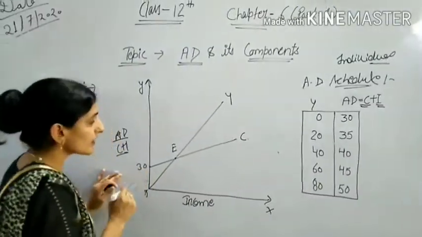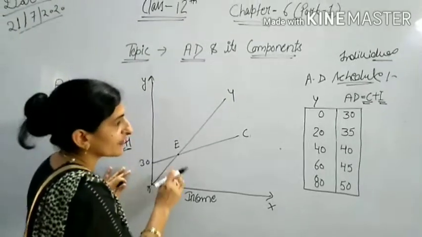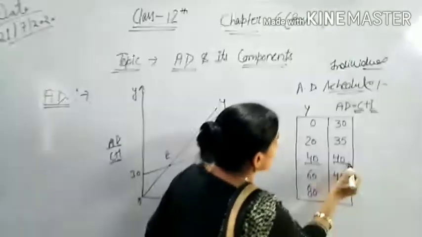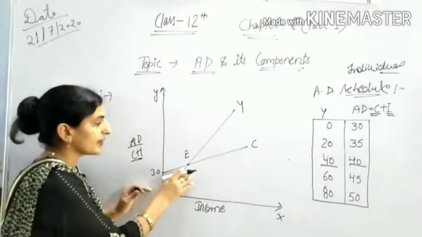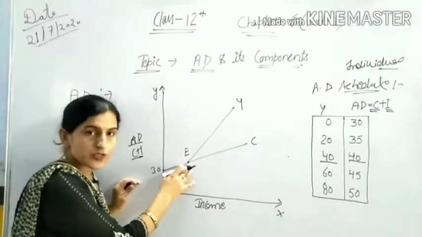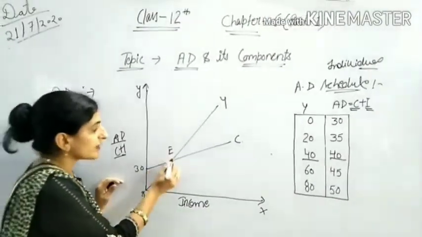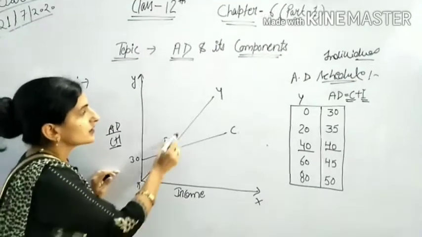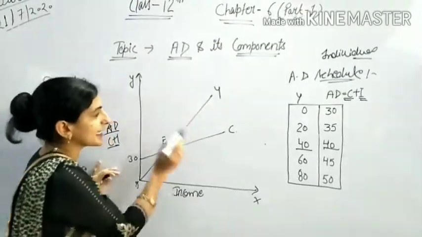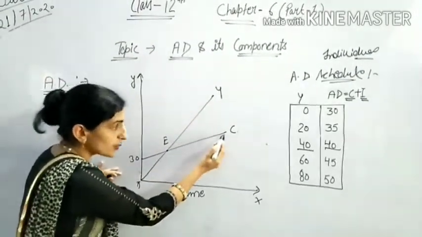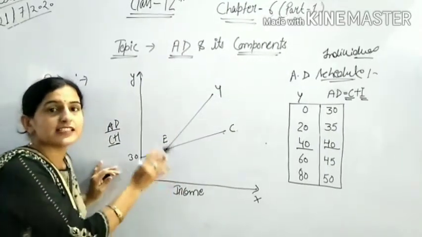E point is the point where consumption and income both are equal. After this E point the income is increasing and the consumption is also increasing, but it is less than the income.